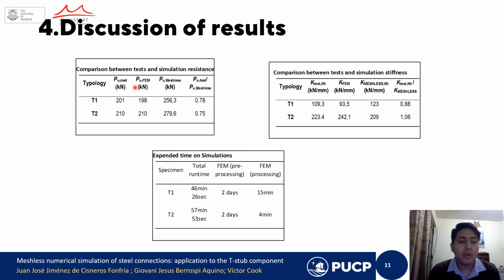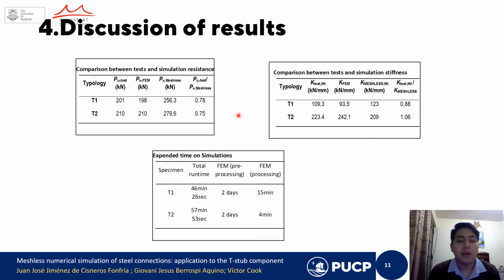Then we compare the results of the experimental test, the finite element model and the meshless model. T-stub T1 has a value of 201 for the experimental test. The FE model reached a value of 998, and the meshless model reached a value of 256.